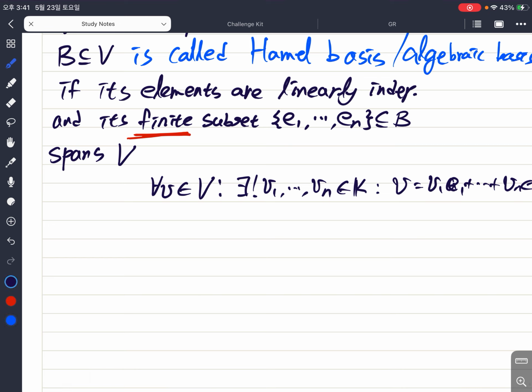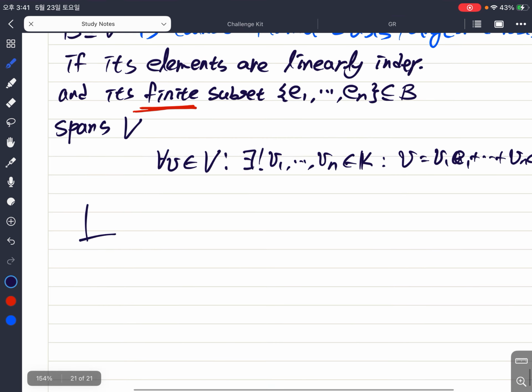Complete is just the same as basis: these vectors span the whole space V. Also, you have to remember that the choice of basis is non-unique. For example, in 2D, you can choose this one, this two, or this two. Any non-parallel vectors form a basis for two-dimensional space.